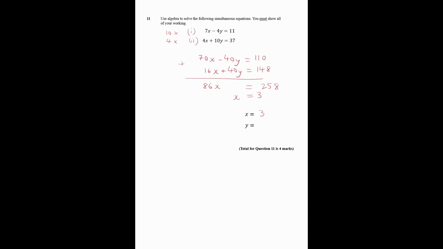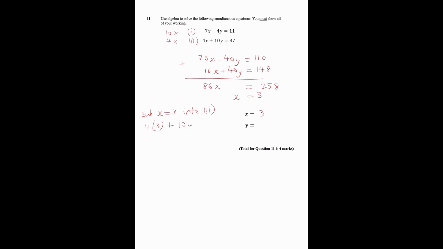And substituting back in, I'm going to substitute x equals 3 into equation 2. That's going to give me 4 times 3. I'm showing the substitution. It's very important to show this in brackets.